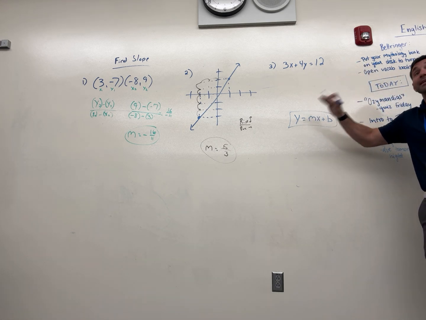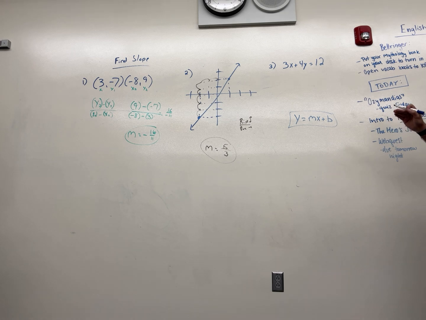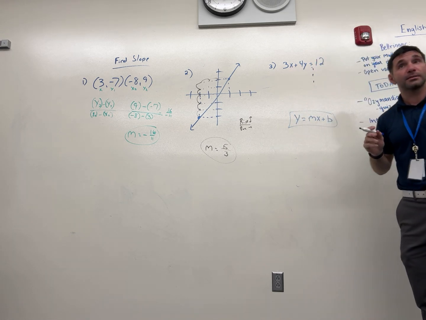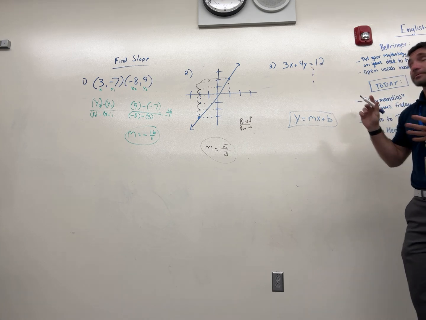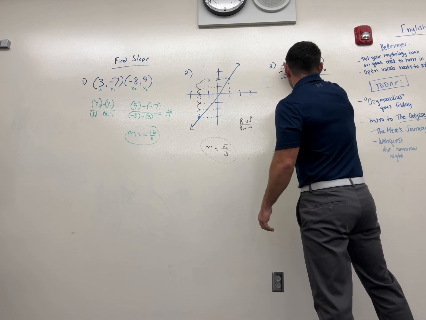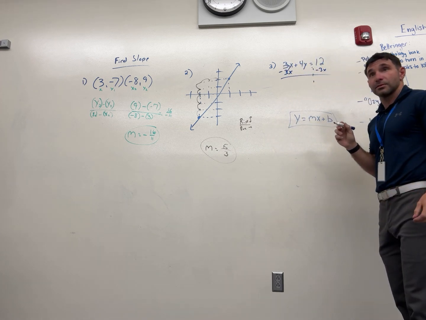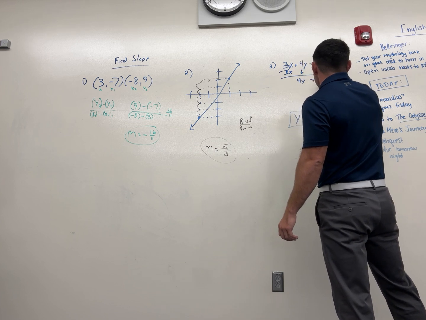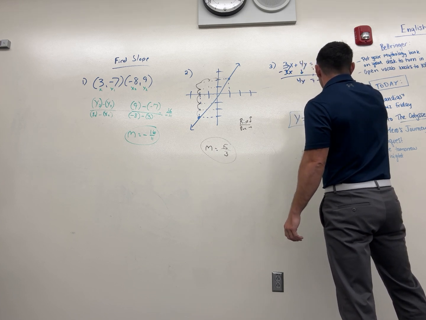Slope-intercept form is y equals mx plus b. So we always move the x term by either adding or subtracting. What do we have to do here? Minus 3x. Yep. Subtract 3x. Now, can we combine the 12 and the negative 3x? Nope. So the 4y drops down. That gives me negative 3x plus 12.